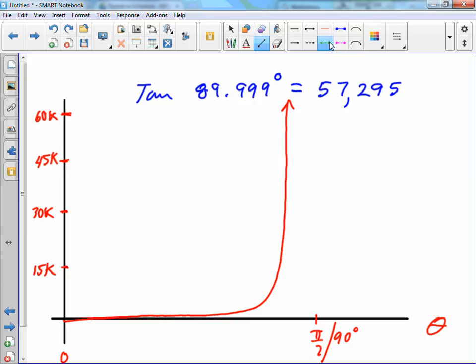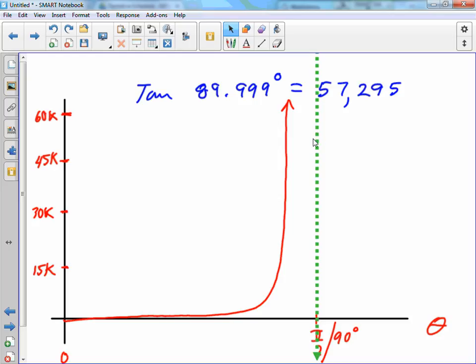So what is happening there, David? What is happening at pi over 2? How big? Infinitely big. Right, good answer. This thing keeps on going and keeps on getting closer and closer and closer as you get closer to 90.